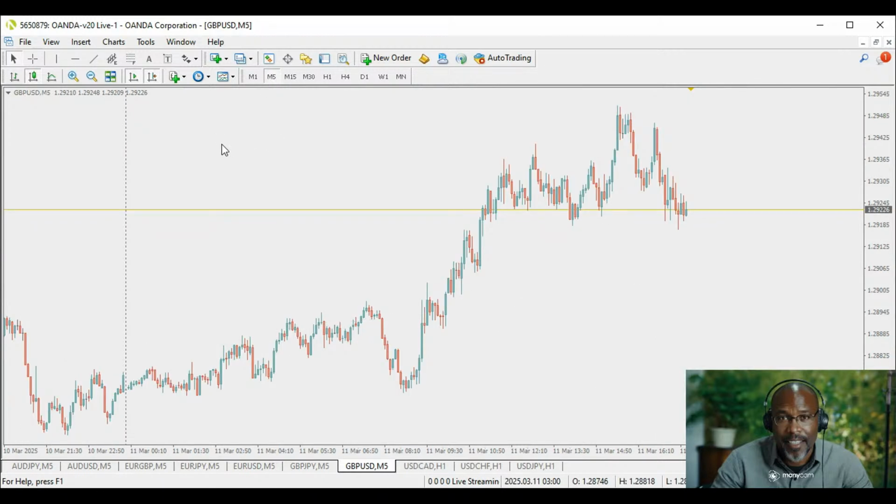The cable US dollar looks rather neutral. So I'm not interested in this pair at the moment.